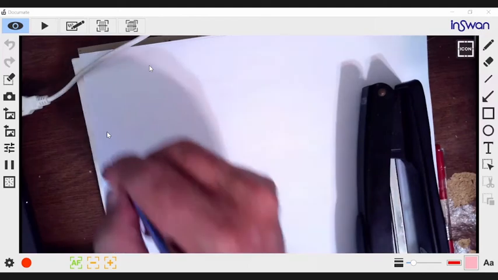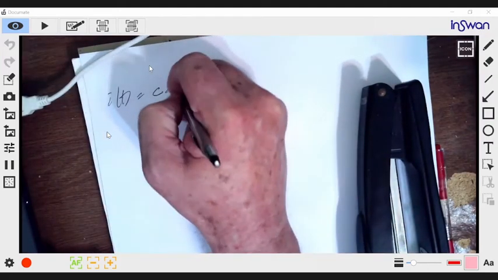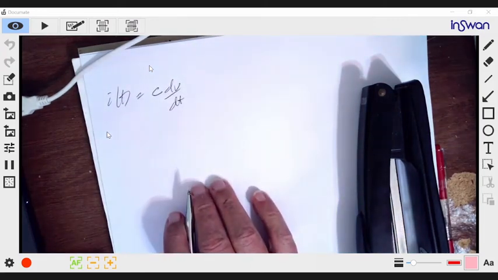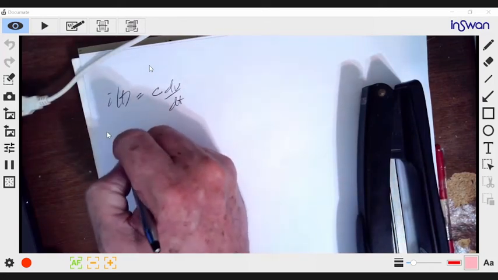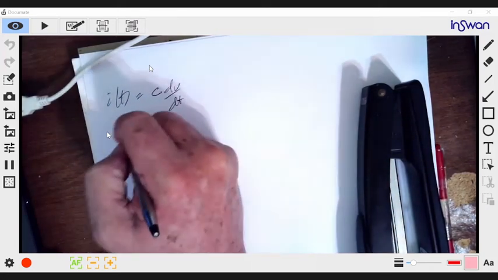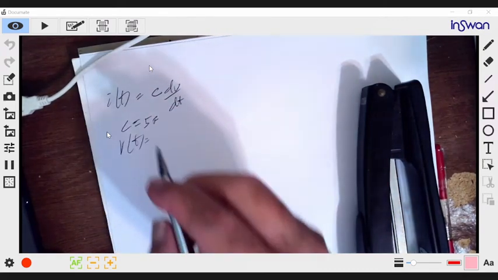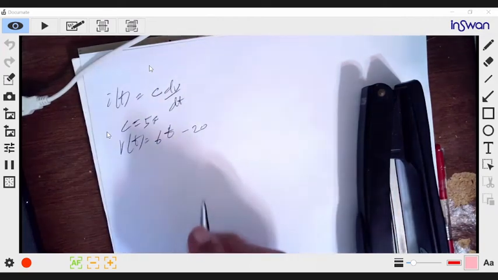Remember I said i(t) equals C dv/dt. That's the current through a capacitor, given the voltage. Now let's make the voltage a straight line. Let's make C equals 5 farads, and V of t equals 6t minus 20, the one we just did.